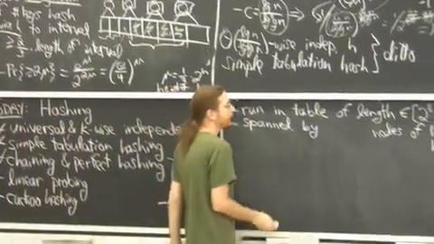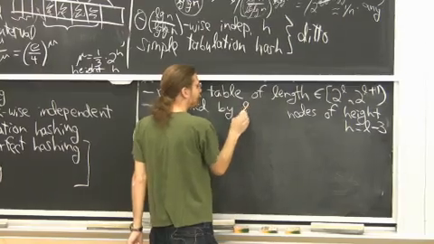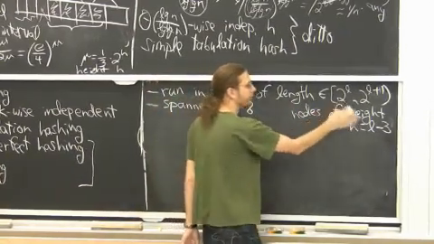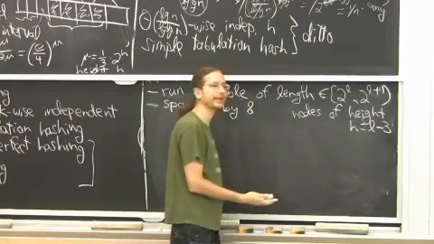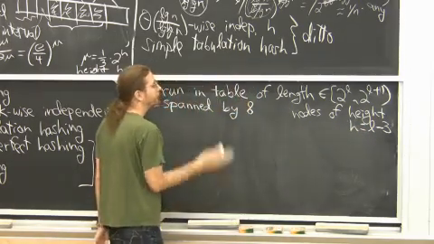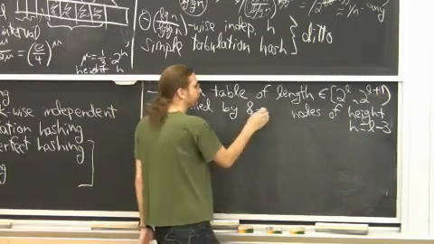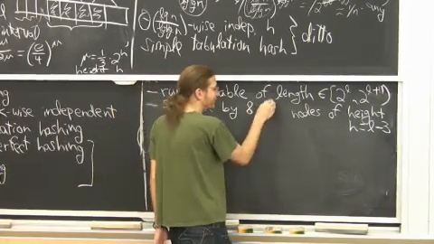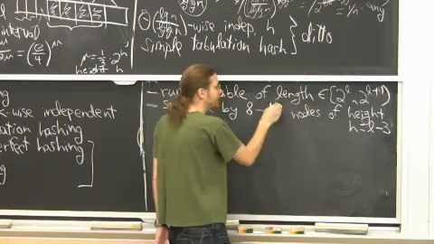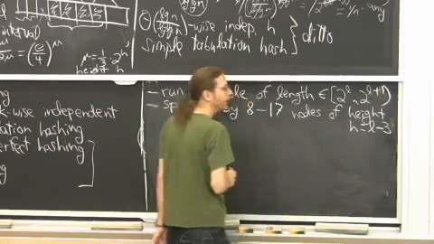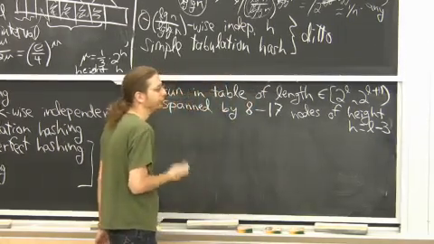Then this will be at least 8 nodes, because the length is 2^L and we went 3 levels down. 2 to the 3 is 8. So if it's perfectly aligned, it will be exactly 8 nodes. In the worst case, it could be as much as 17, because potentially we're at 2^(L+1), which means we have 16 nodes if we're perfectly aligned.